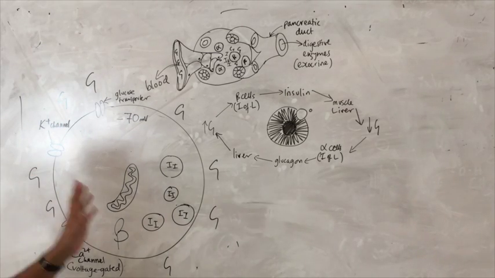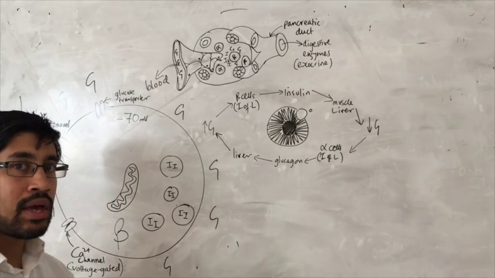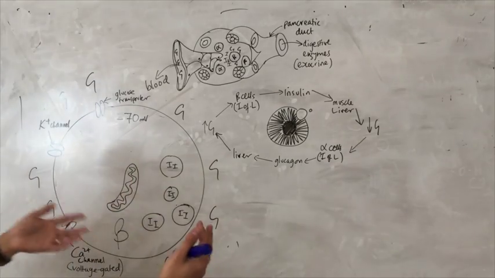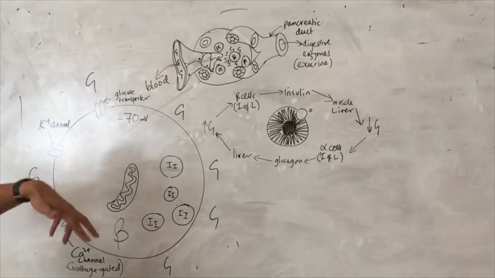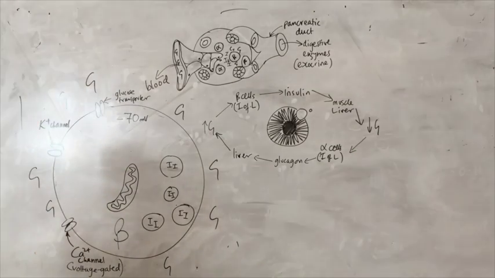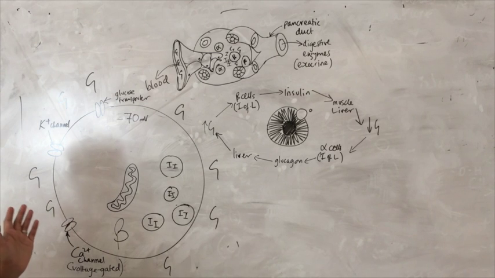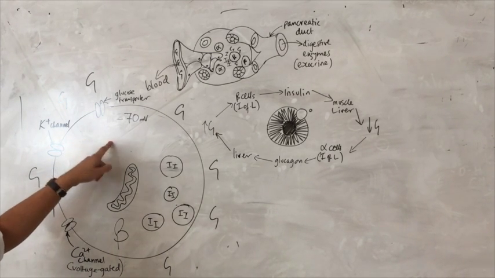It needs a special protein for this to happen because glucose is polar. It cannot dissolve in the membrane. The membrane is hydrophobic, and glucose is polar, hydrophilic, so it needs a protein to pass that hydrophobic barrier. Anyway, the channel is there, and it will allow glucose to move according to its concentration gradient. If it happens to be higher here, it will go out.